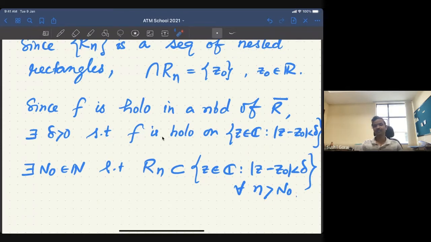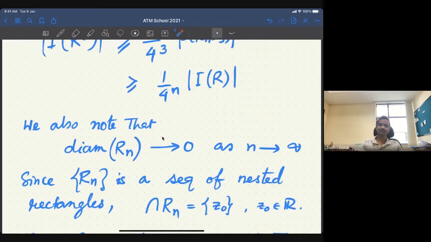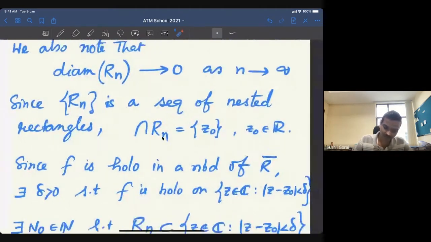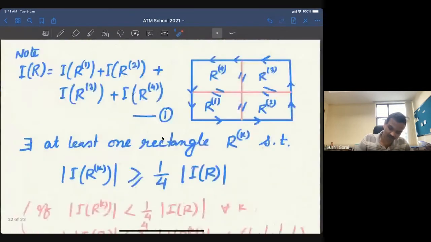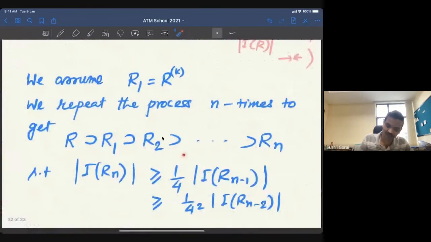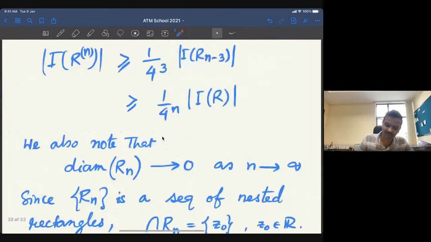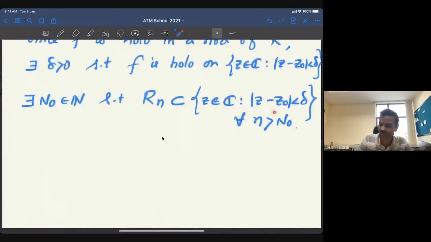That's what we did. Because this intersection is only Z0, and you have this property, which I have not mentioned here, but it was there: the decreasingness. That gives you this one. There is nothing complex analysis here. It's topology.